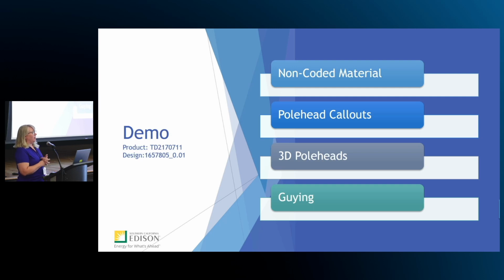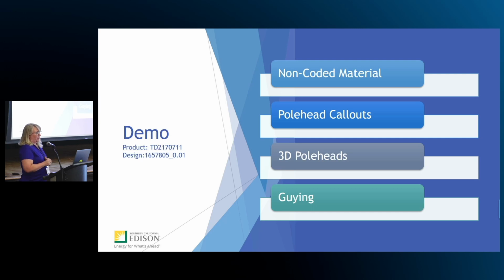We have what's called non-coded material in transmission. So there are items that we don't have CUs for, so we created generic CUs. They're GNCU dash, overhead 55 or underground 54 or whatever. And we have a specialized costing screen that feeds directly into the costing screen in Design Manager.